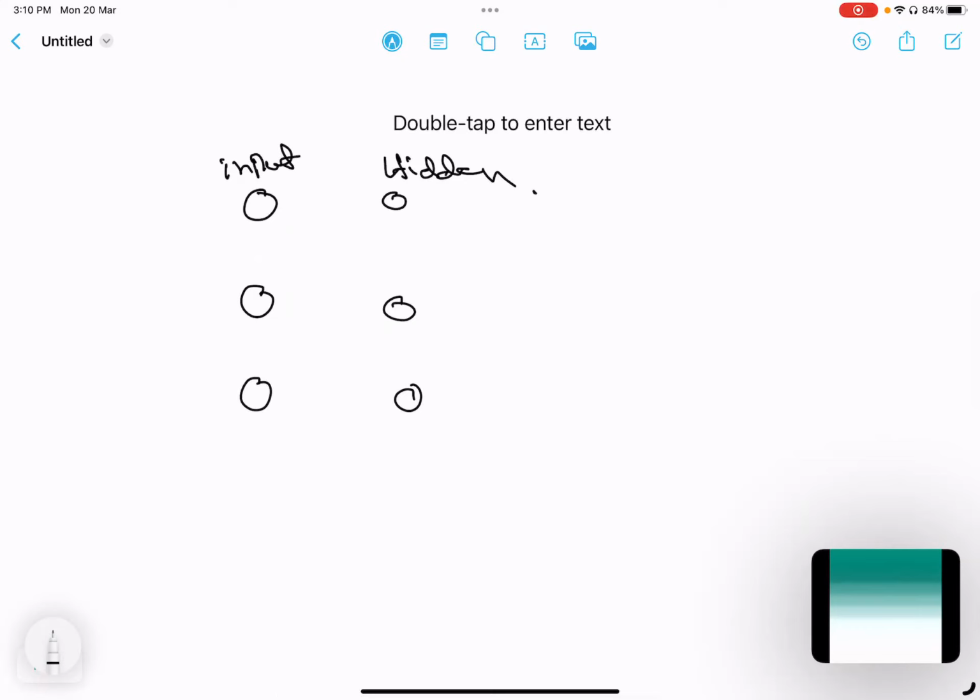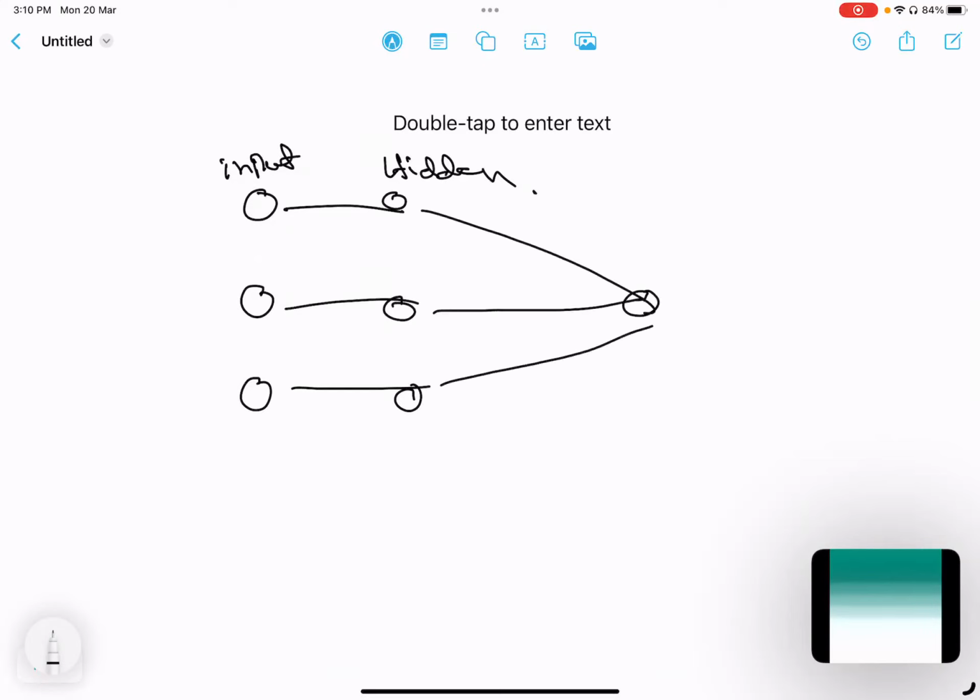The hidden layer can be one or more than one, so it depends on the scenario that we are considering, how many hidden layers we want in the neural network. And in the last, we have the output layer.